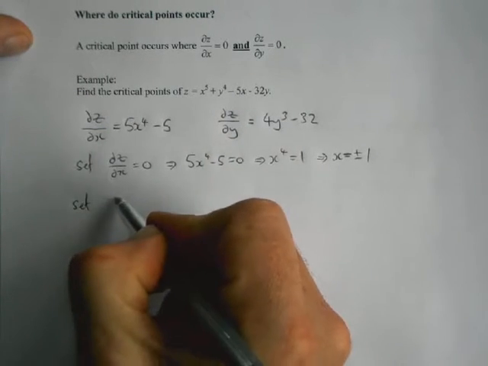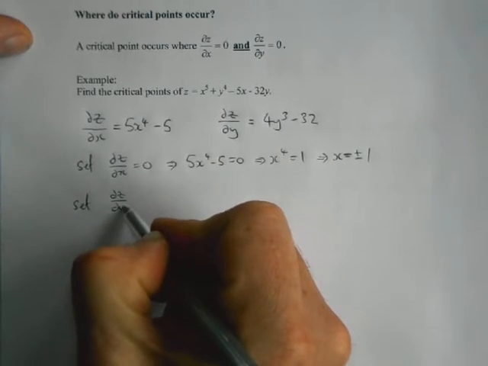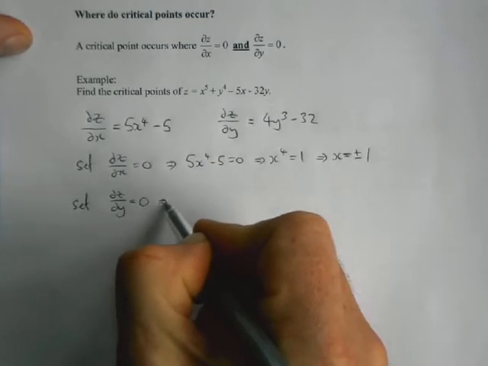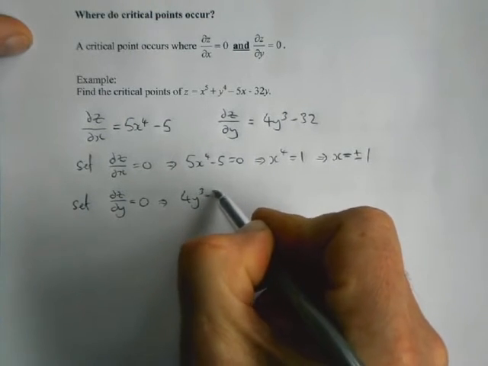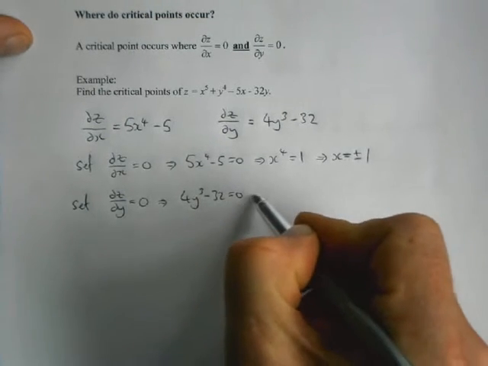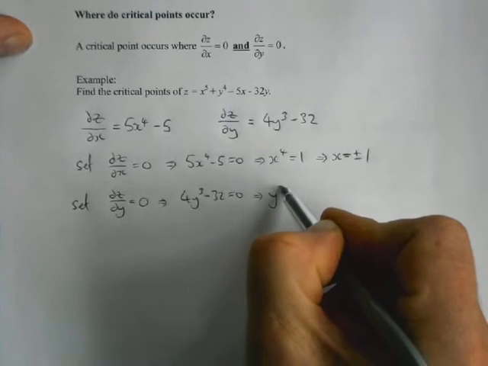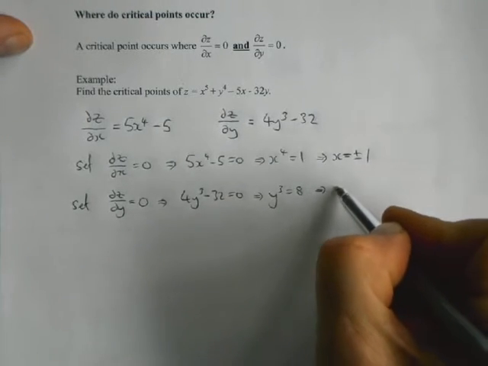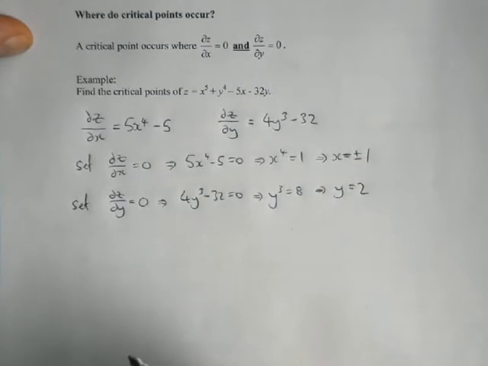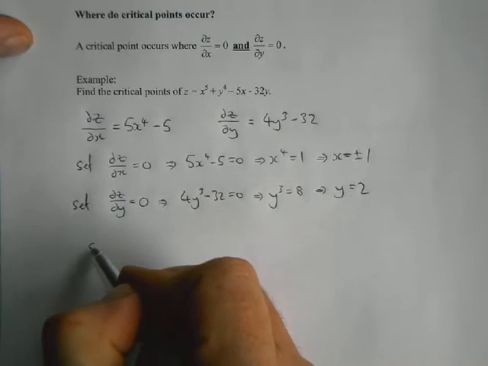Then we'll do the same thing with the y partial: partial z, partial y has to equal 0, which means that 4y cubed minus 32 equals 0, which tells us that y cubed has to equal 8, which means that y has to equal 2.